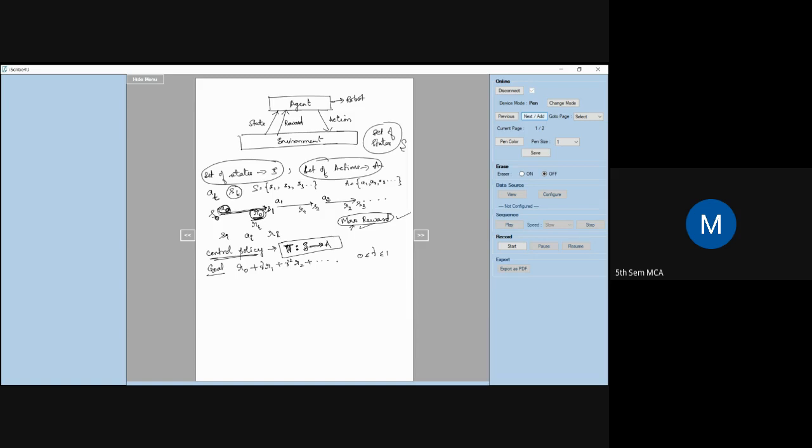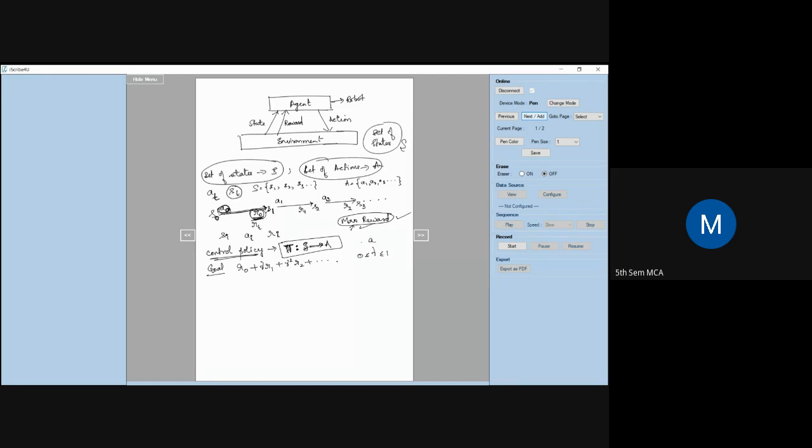That means every time you want to move from one state to another state, there is some action performed in order to move. Which action does it have to perform? It has to choose appropriately. That is what it has to learn, so that it gets the maximum reward. The control policy outputs an appropriate action.